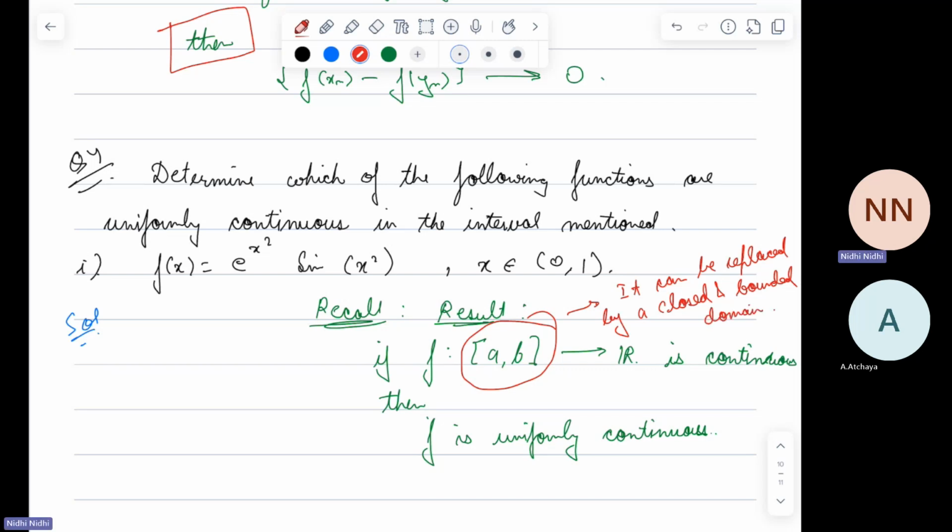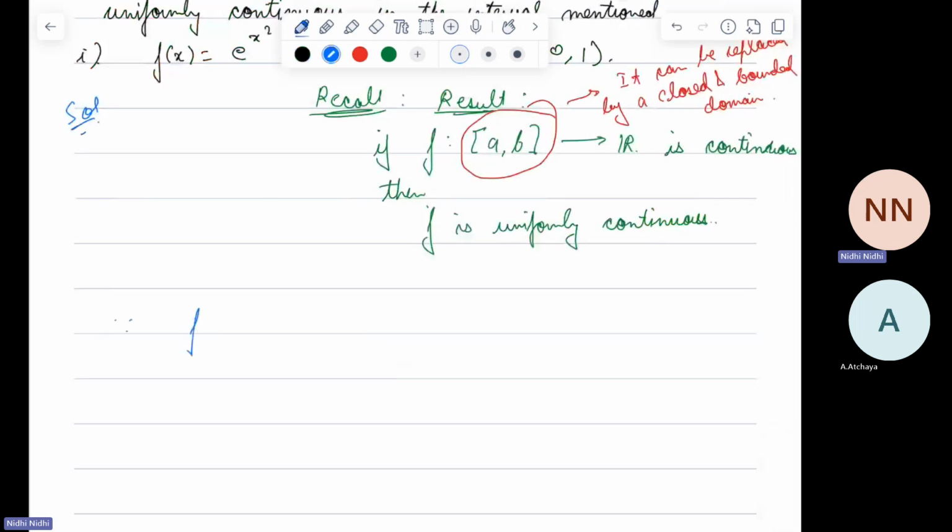So in this case, we know that the function f(x) equal to e to the power x square sine x square is always continuous. Since f(x) is continuous for every x in R, this implies f is continuous on the closed interval 0 to 1.